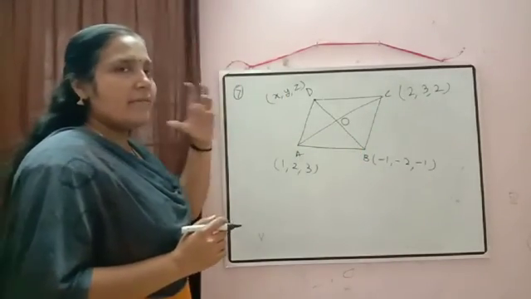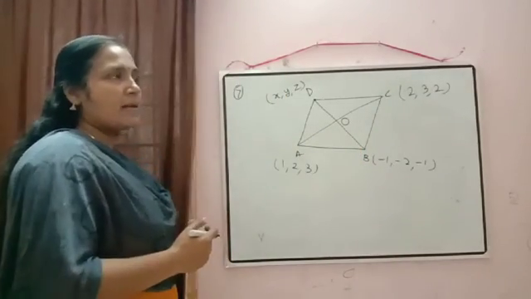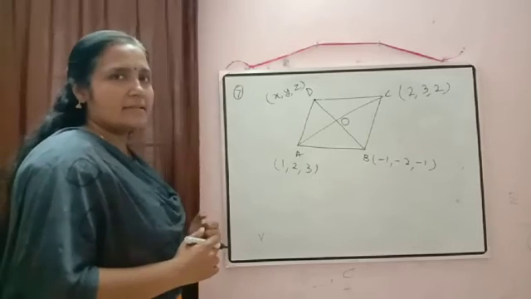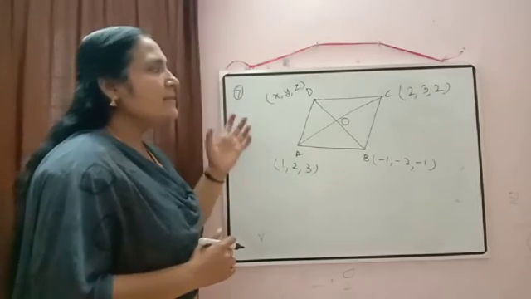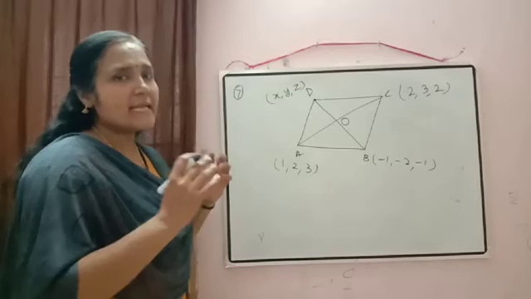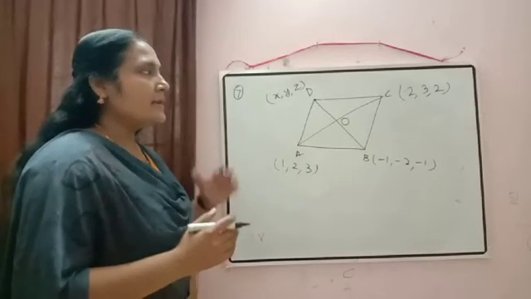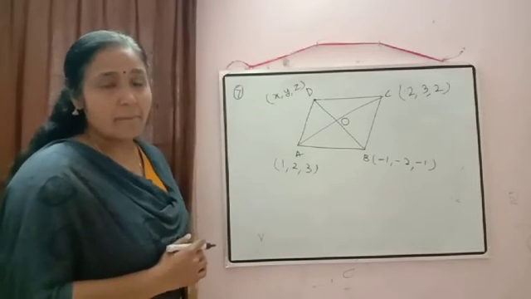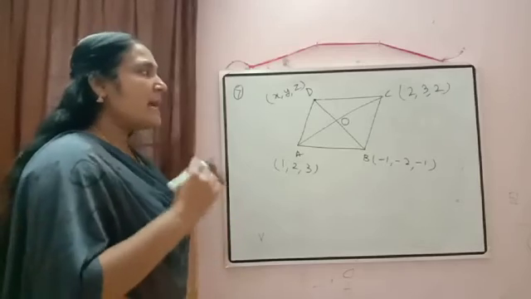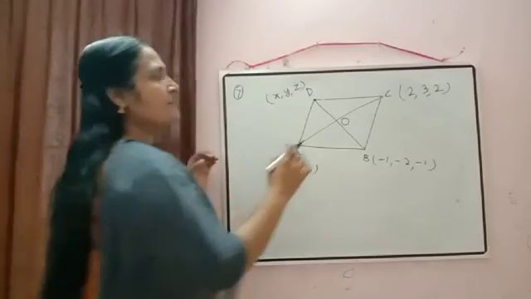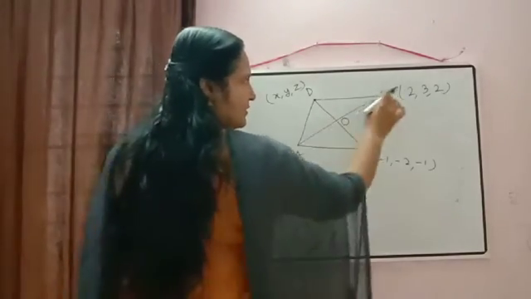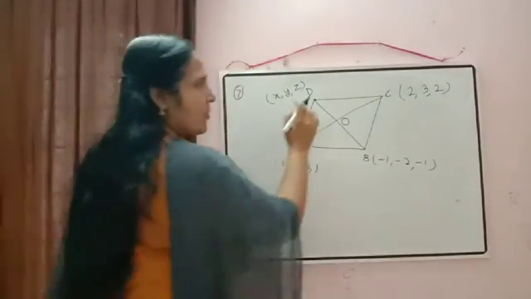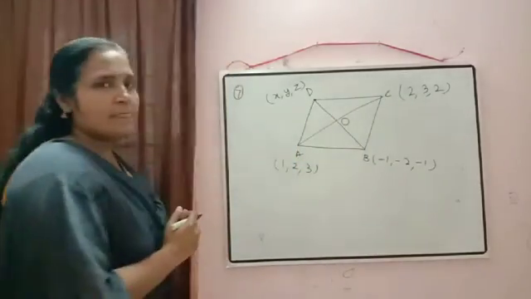Now just recall the properties of a parallelogram related to diagonals. We know diagonals of a parallelogram bisect each other. Bisect each other meaning what? O is the midpoint of AC and O is the midpoint of BD also.